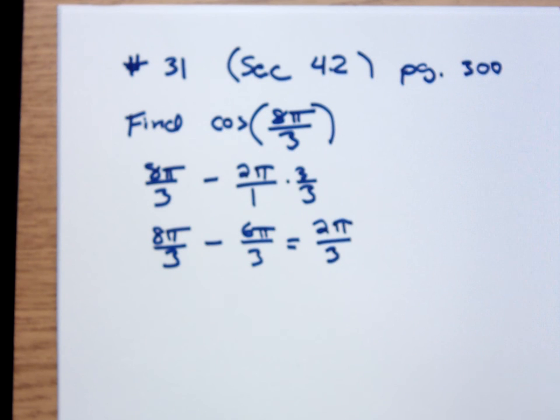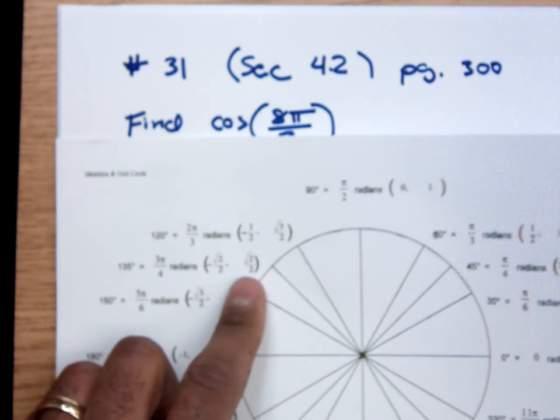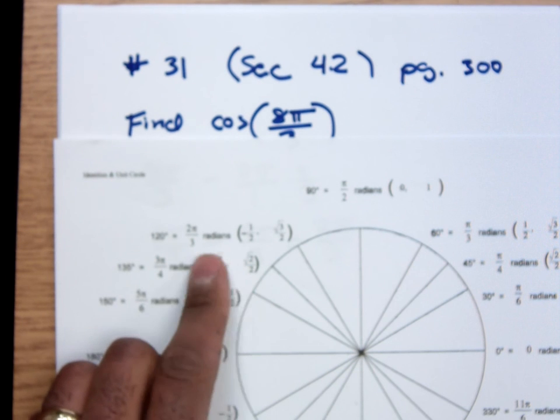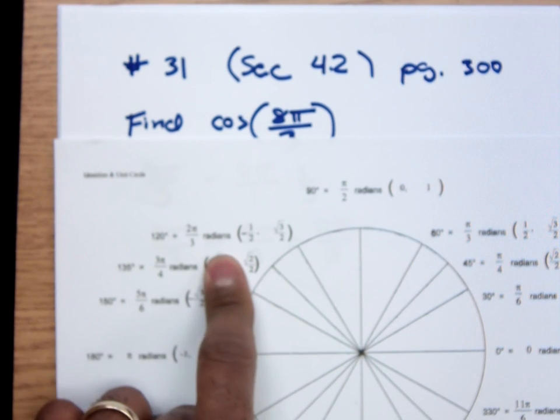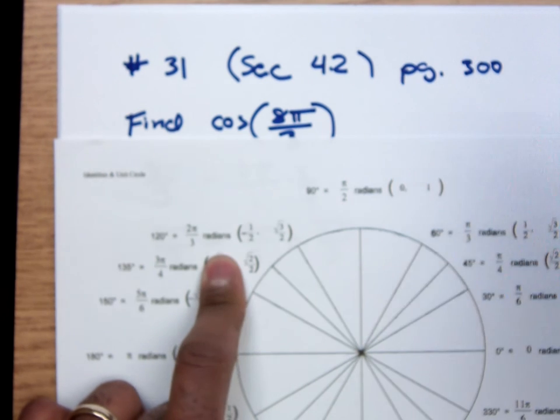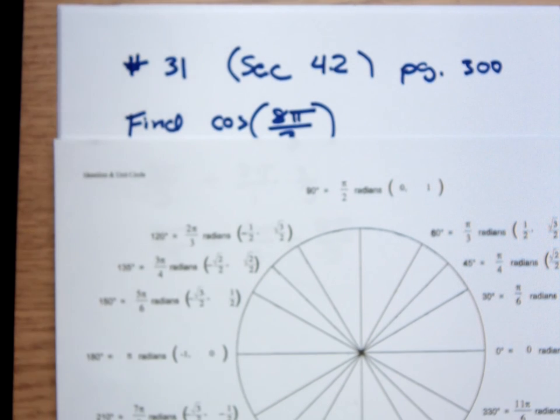I'm going to show it on the screen anyways. So on your unit circle, we wanted the cosine, right? So here's 2 pi over 3 on the unit circle. I'm going to zoom in a little bit. We wanted the cosine. Which value is that, the x or the y?